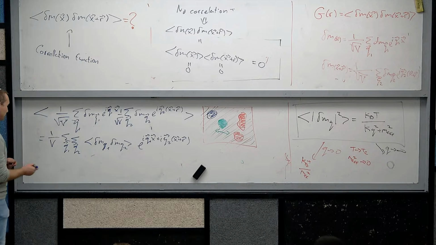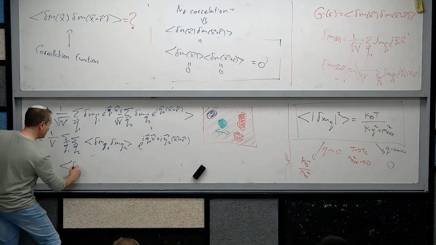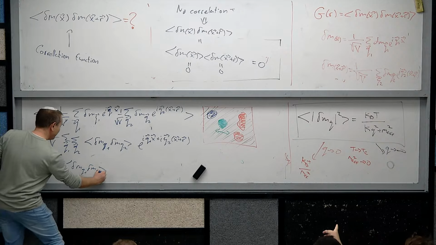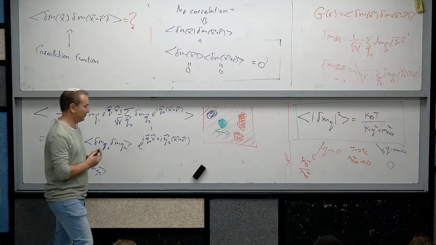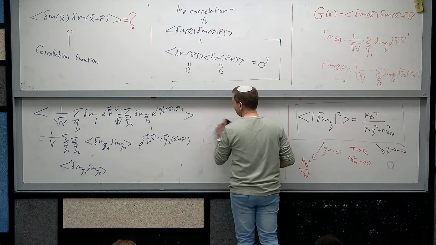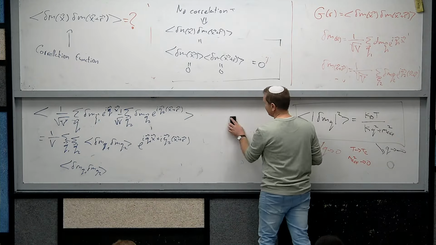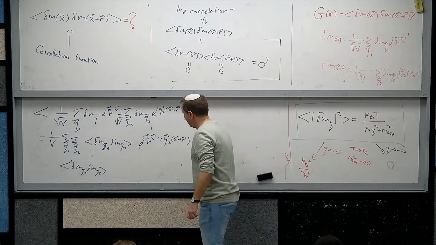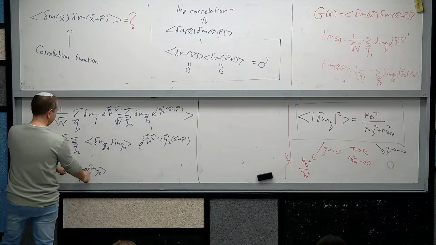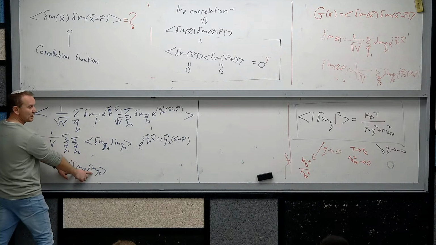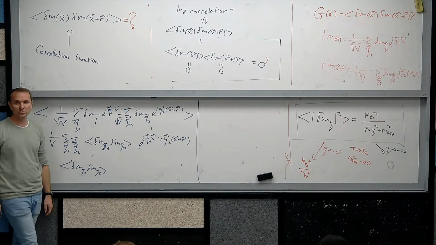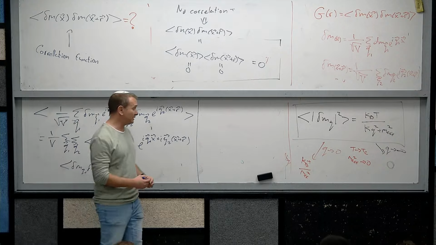So in order to proceed, we need to calculate delta m q1 delta m q2. We know how to treat those, because we know the distribution of each and every single delta m q, and they are independent.